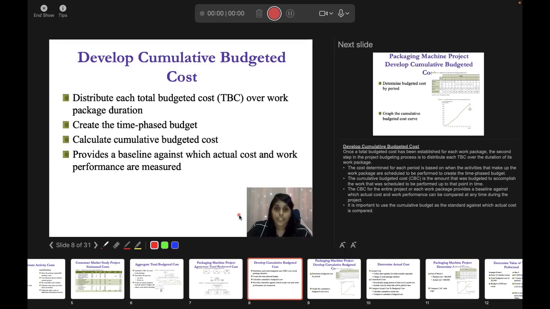You have your planned cost, the one that you have budgeted, and you have your actual cost, which is the one that is going to be incurred in real time. So you will have the baseline, in which you will have the graph to measure the actual cost and the budget cost and how significant it is to the project that you have done, right?